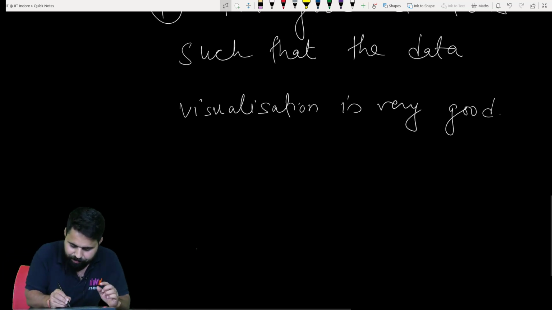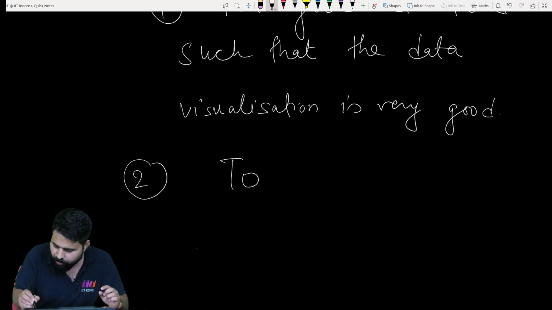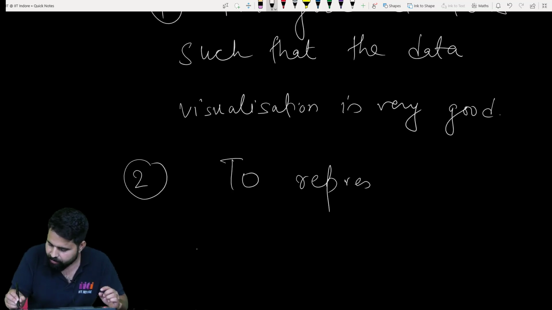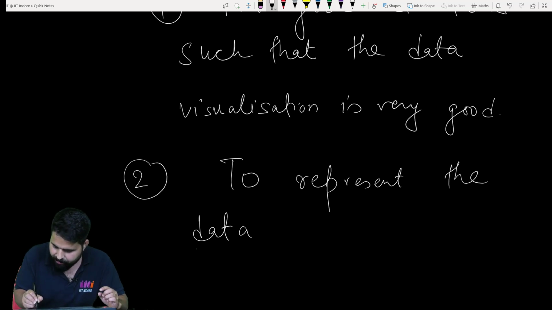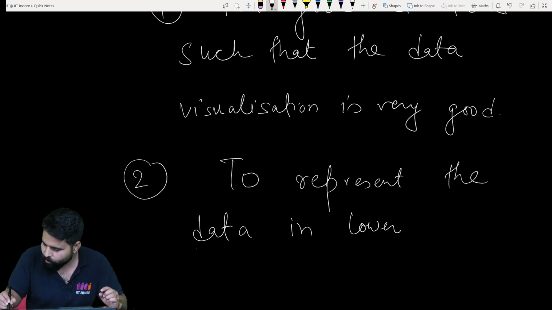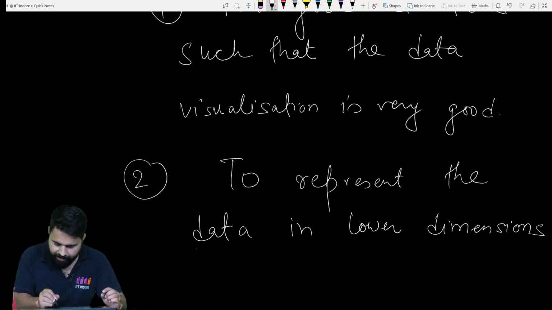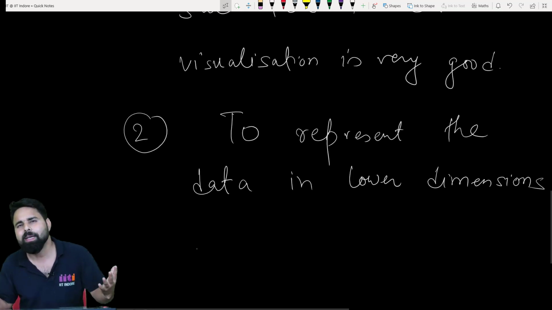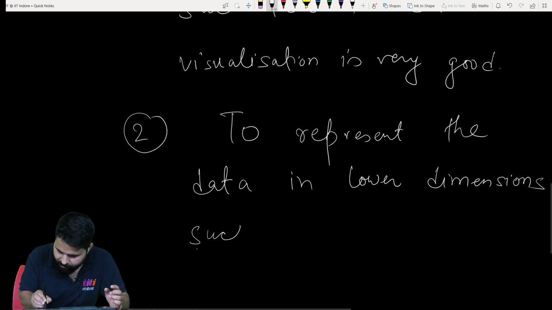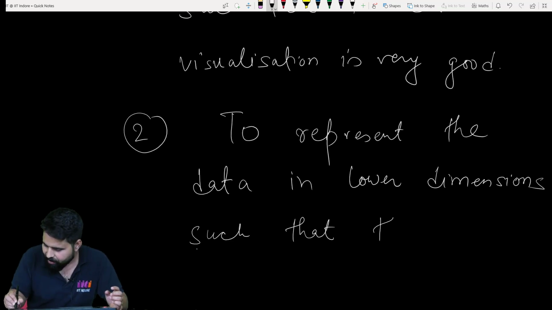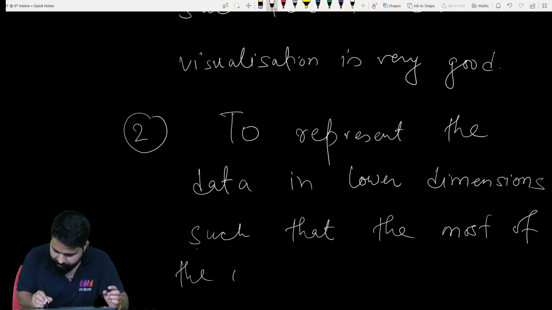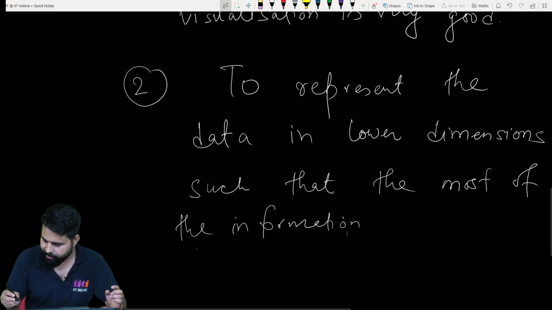And the second aim is to represent the data in lower dimensions, basically in terms of fewer features, such that most of the information is retained.